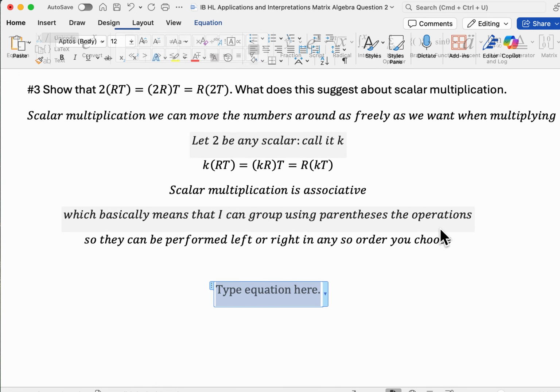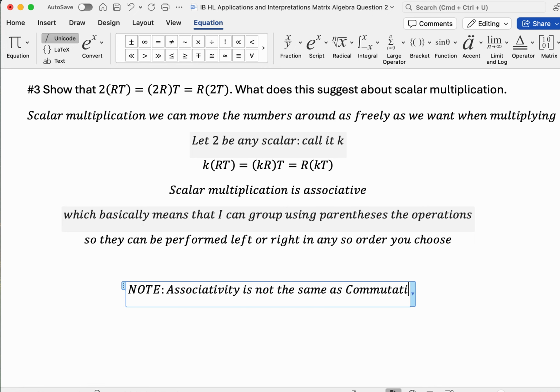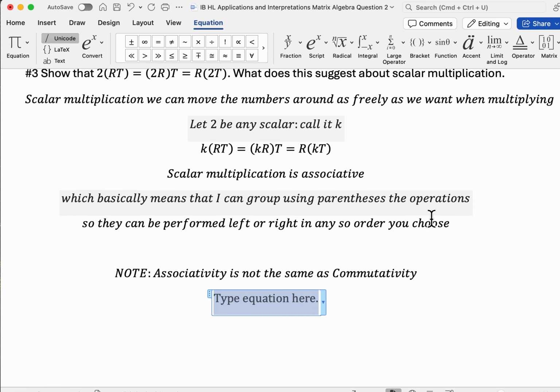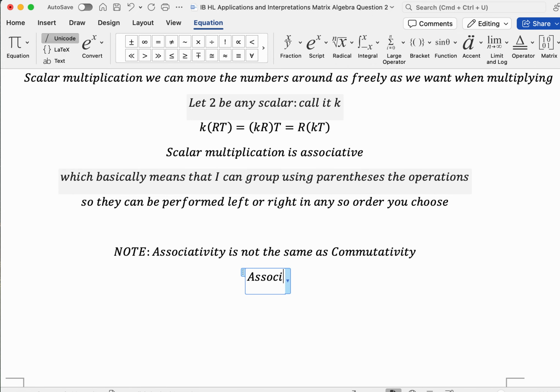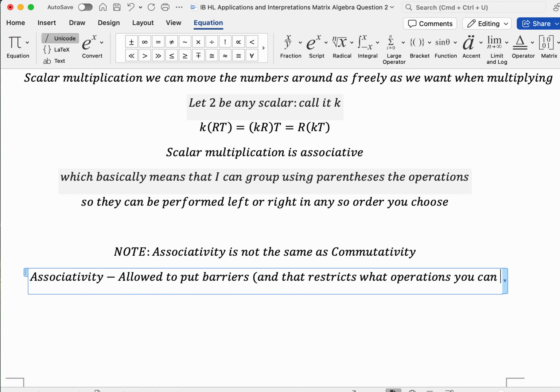Note, however, associativity is not the same as commutativity. The best way I can think of it is this. With associativity, we are allowed to put barriers down, and that restricts what operations you can do.